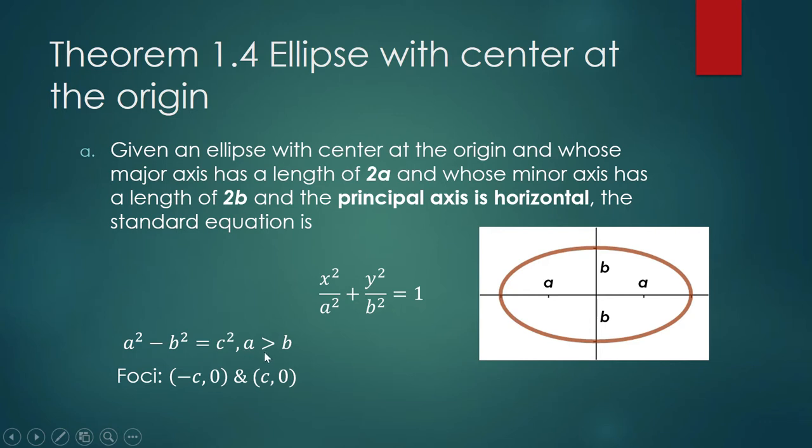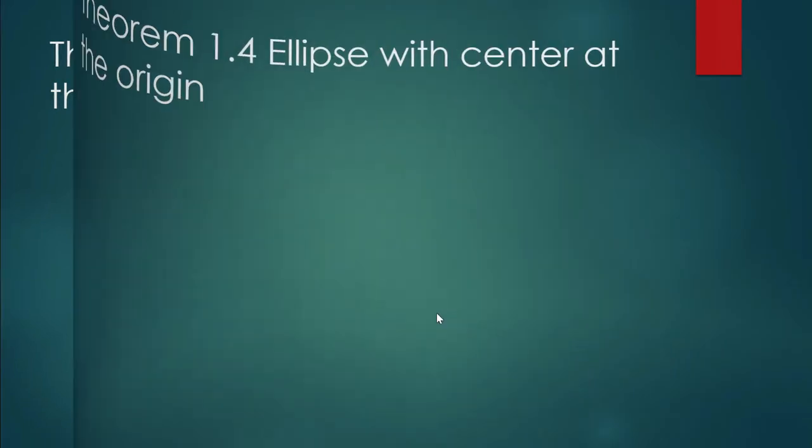Now this is the relationship between a and b: a is greater than b. So that means a squared is greater than b squared. So when a squared, the bigger denominator, appears under x, your principal axis is horizontal. What else?